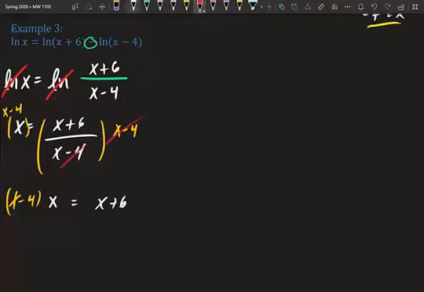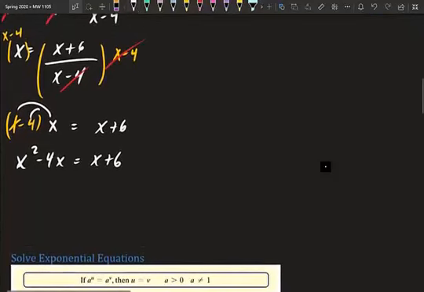We're going to go ahead and distribute the x. So we have x squared minus 4x equals x plus 6. We have another quadratic, so we need to make this equal to 0. So we're going to subtract x from both sides, and then we're also going to subtract 6 from both sides.